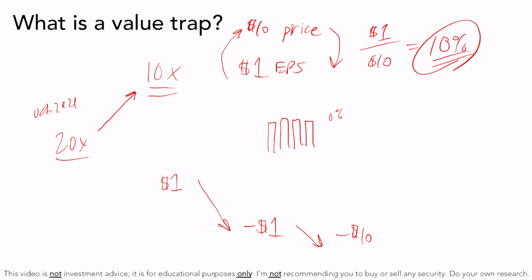So the key is not necessarily if the stock looks cheap based on today's earnings. The key is what are the future earnings of this business, and does 10 times those earnings reflect a good purchase price today? So even a stock with a PE ratio of 1 could be overvalued if the future earnings power of that business is dramatically lower than it is today.